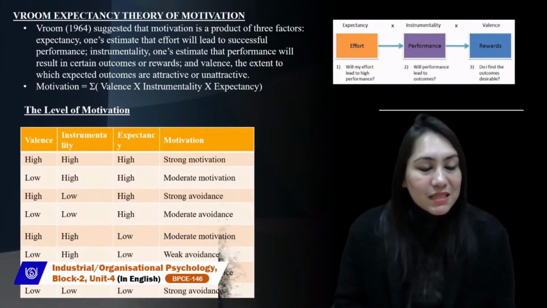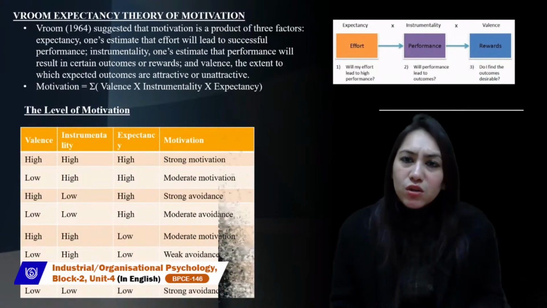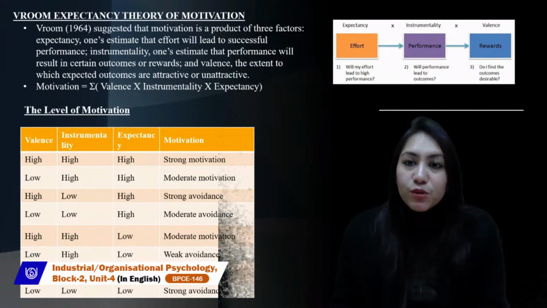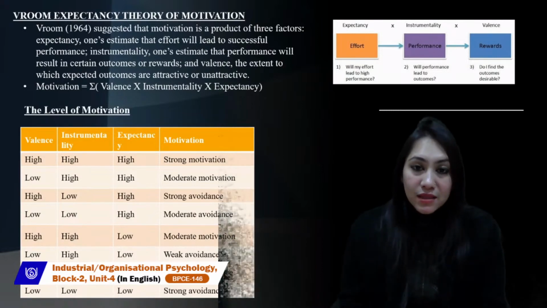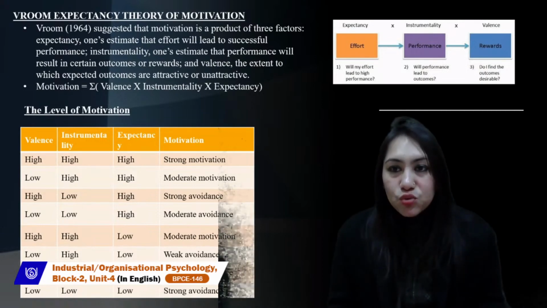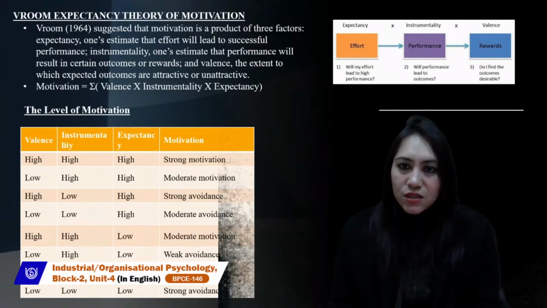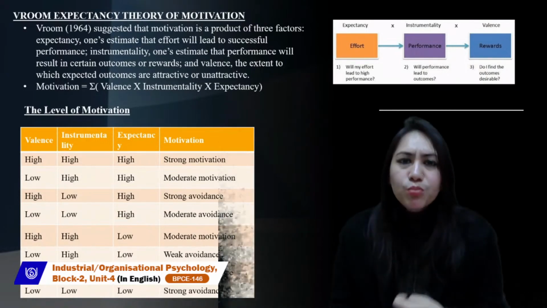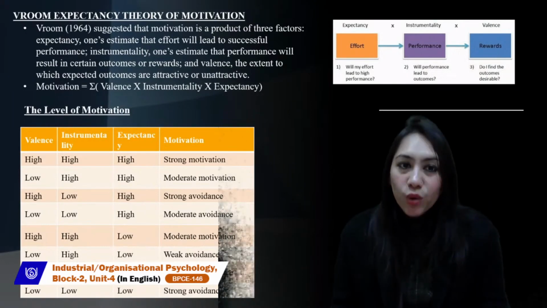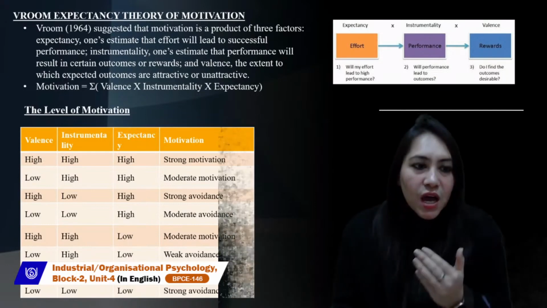Now, let's understand this. This is a beautiful level of motivation matrix that I've created. You all can refer to this. If you have a high valence, we'll have to understand this very thoughtfully. If you have a high valence, which is you know that the rewards are very high, and you put in a lot of effort, you put in a lot of instrumentality, which is you know that the efforts are very high, you are getting a reward, and the reward ends up being very positive in nature.